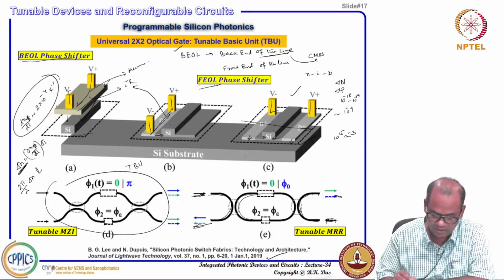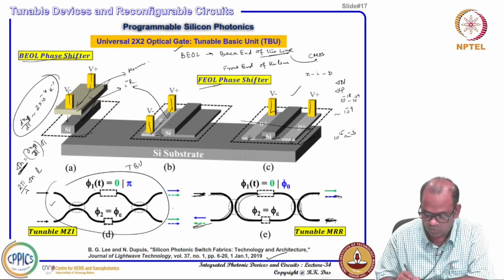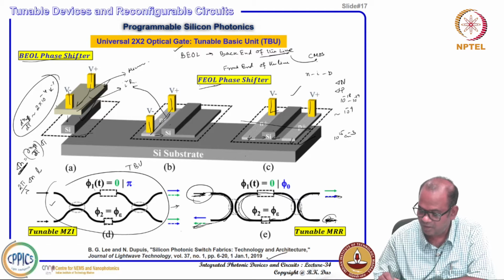The problem is that in this type of structure, 2 input ports are on one side and 2 output ports on the right side, but in this case input ports are on both sides, one side input port and another side input port. So, whenever you are launching something here, if it is resonant wavelength, it will be coupled here and it will keep on circulating, and part of it while circulating can go here, output here.